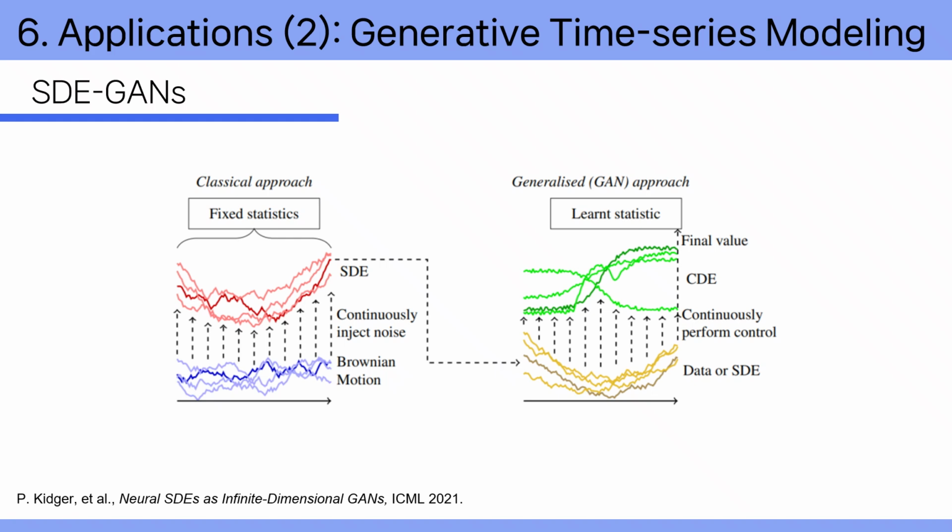The generator is a neural SDE that takes Brownian motion as input and produces time-evolving sample paths using a numerical solver. The discriminator is a neural CDE, which evaluates these generated paths against real data. By coupling the neural SDE and neural CDE as a generator-discriminator pair, we can train continuous time GANs that model distributions over entire path space.